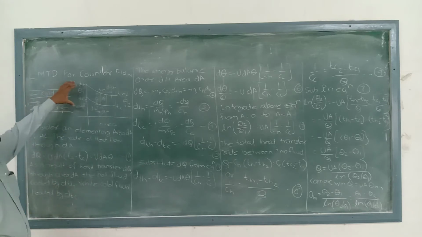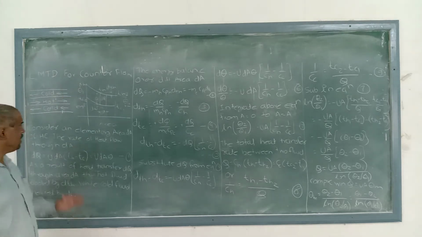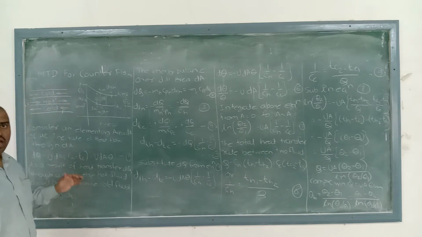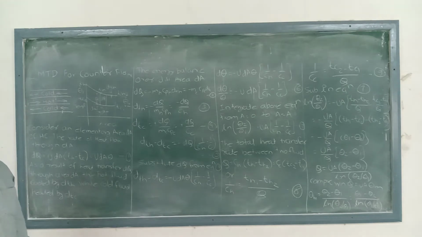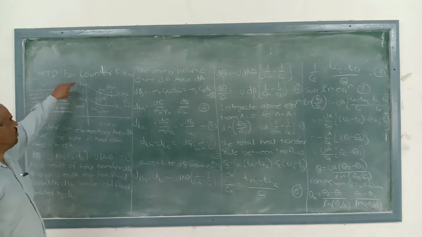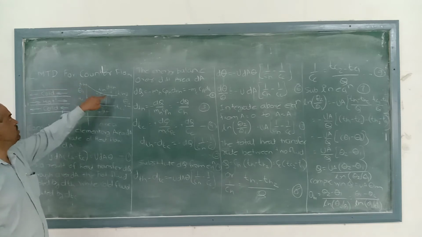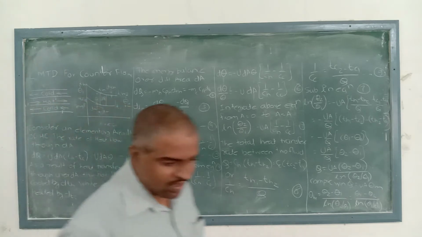Now here you can see the temperature distribution we have plotted. Suppose this is section 1 and this is section 2, and we have plotted the temperature distribution along the area A. At section 1 the hot fluid TH1 enters and moves in this direction.